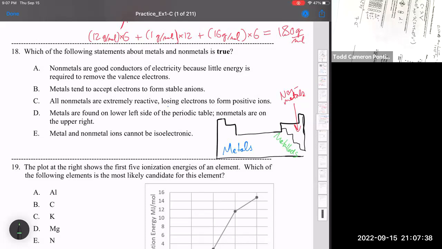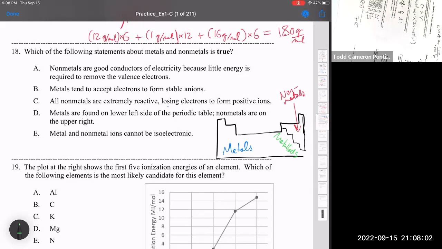All right, let's go through these statements. Nonmetals are good conductors of electricity because little energy is required to remove valence electrons. Now, there's a few things that are a little sus here. First of all, nonmetals, good conductors? I don't think so. In our general experience, what type of materials conduct well? Metals. Nonmetals, not so much.